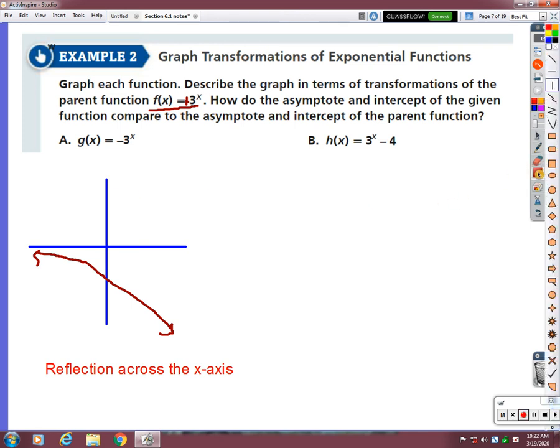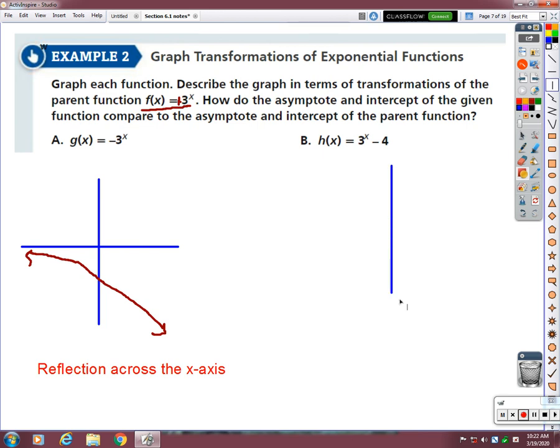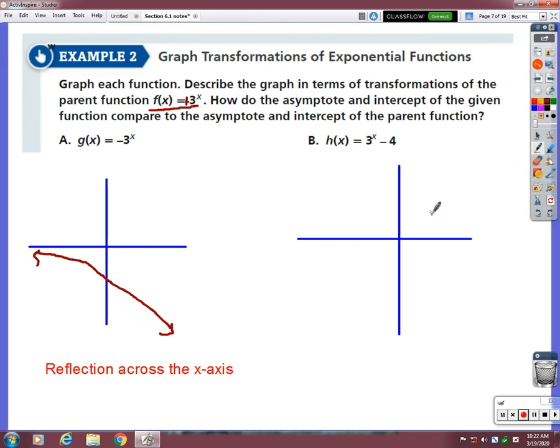All right, if we take a look at this guy over here, it is the same thing, y equals 3 to the x, but it is -4. So now instead of crossing the y-axis at 1, which is where it would if that -4 wasn't there, the graph is going to get moved down 4, so it's going to cross the y-axis at -3, and then from there the function is going to look the same as it did before.